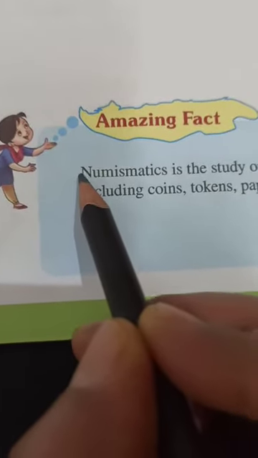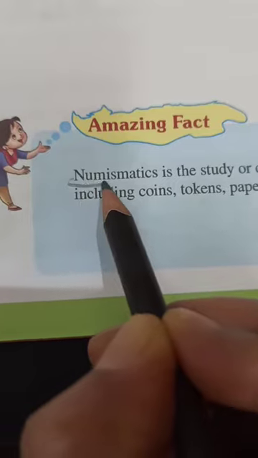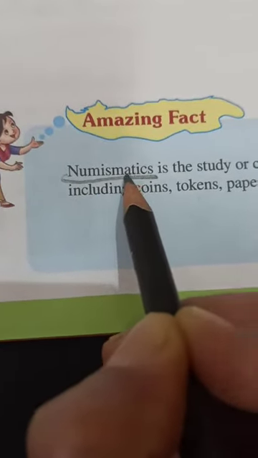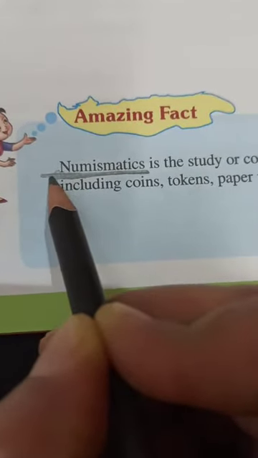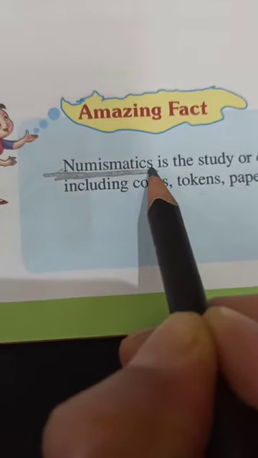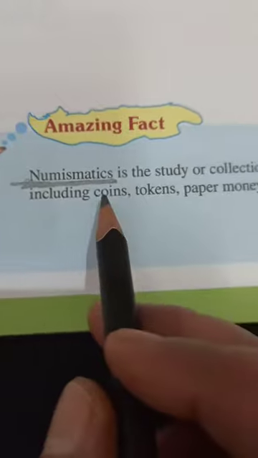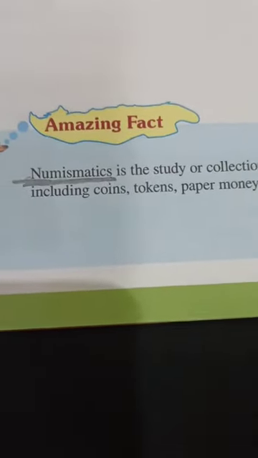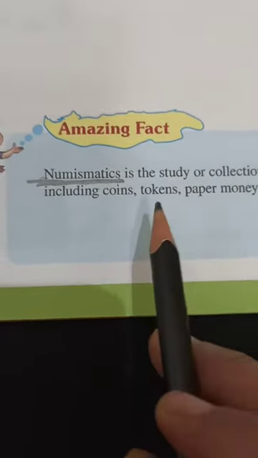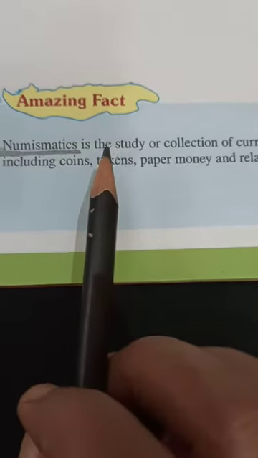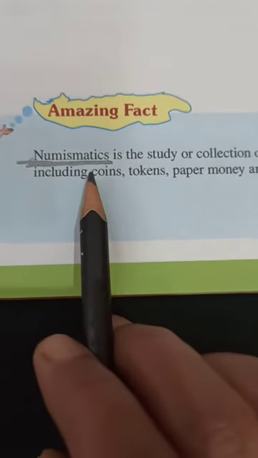So in this amazing fact, this word is important, numismatics. Numismatics is a very important branch, or we can say it is a branch of science also, and you should know its name.